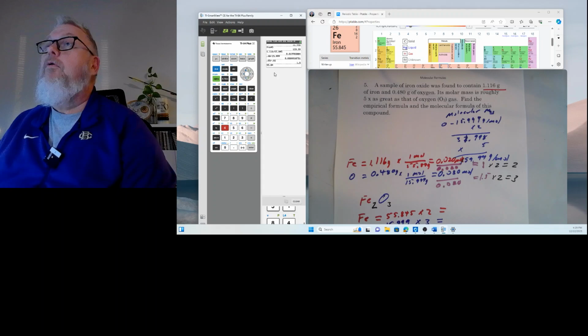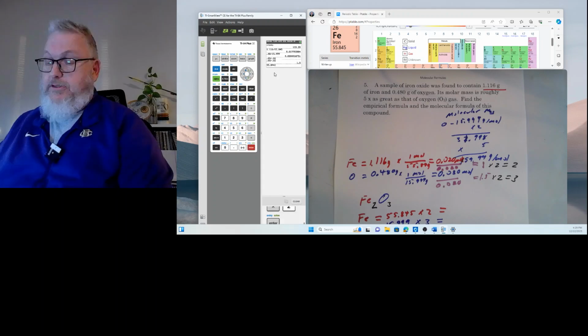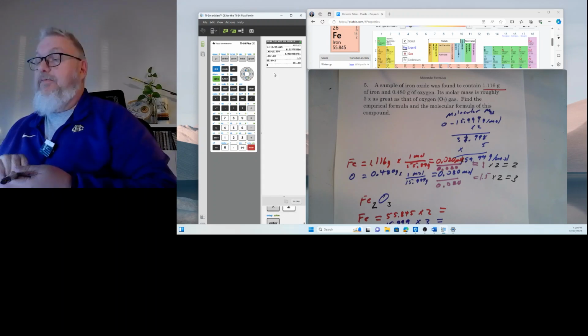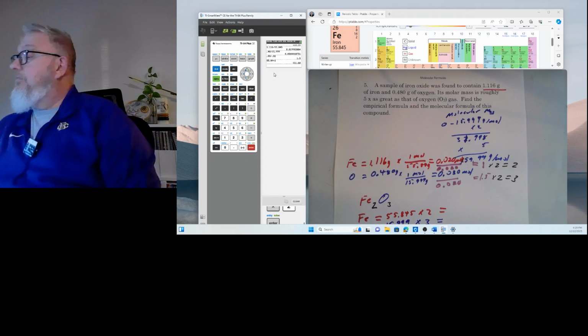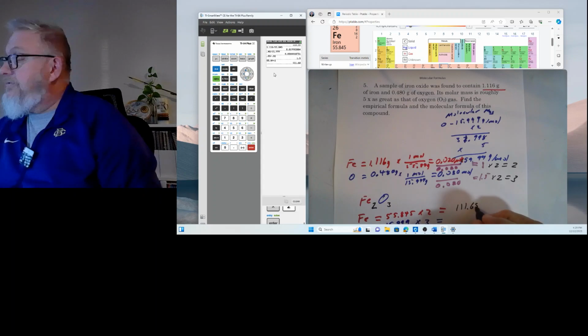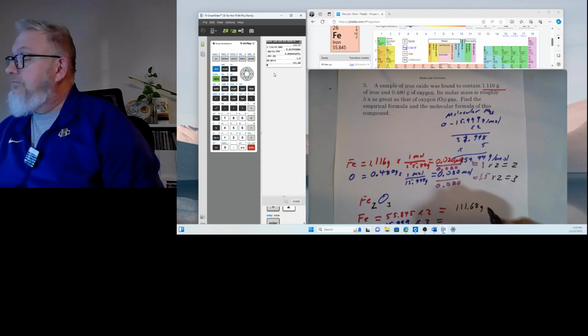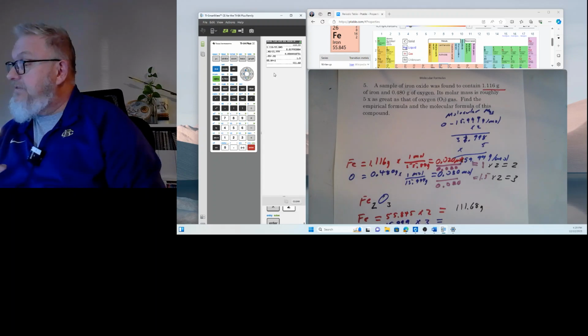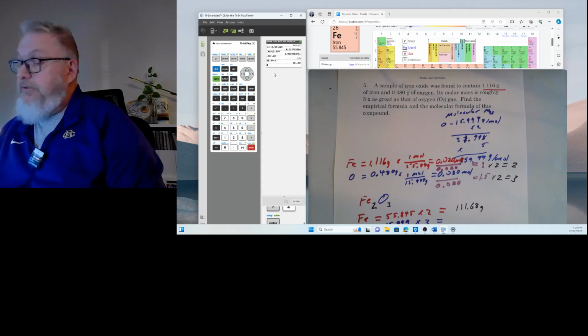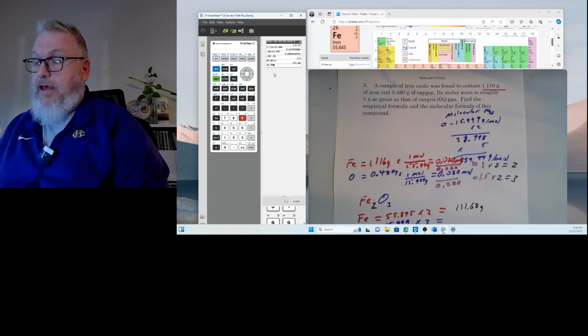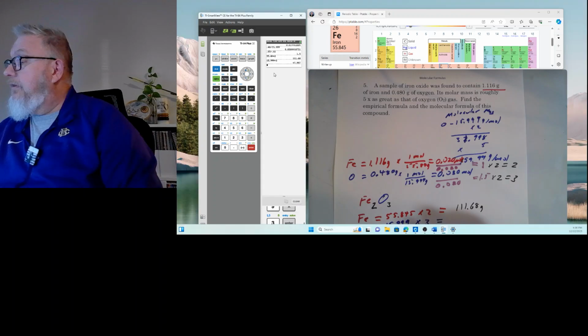55.845 times 2 gives me a mass of, and we'll go to black, 111.68 grams. Okay, not grams per mole now, it's grams. Okay, so oxygen would be 15.999 times 3. Gives me 47.97 grams.